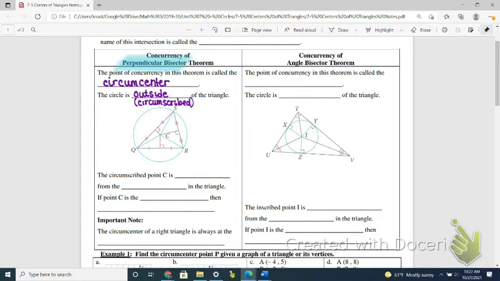The circumscribed point C is equidistant. And remember, that's just a fancy word for meaning equal distances from the vertices.